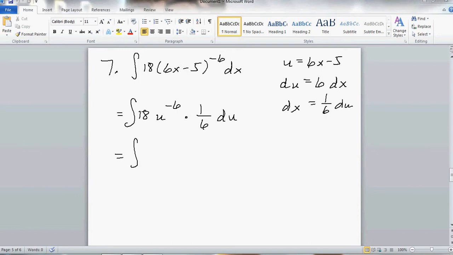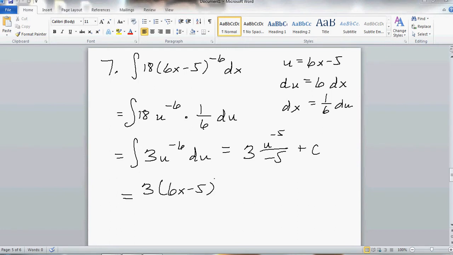So this becomes 3u to the negative 6 du. It's not difficult to integrate now. This becomes 3u to the negative 5 over negative 5 plus c. And so this will equal 3 times 6x minus 5 raised to the negative 5th power over negative 5 plus c.